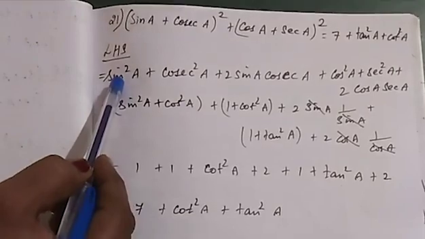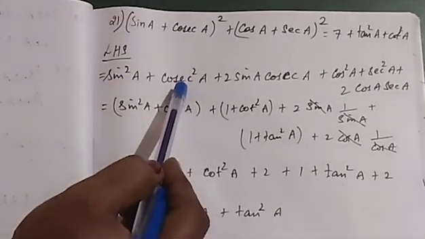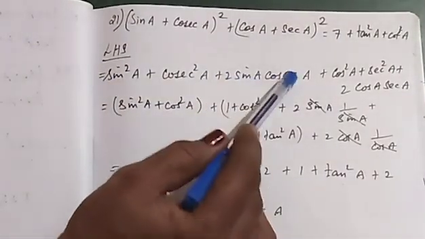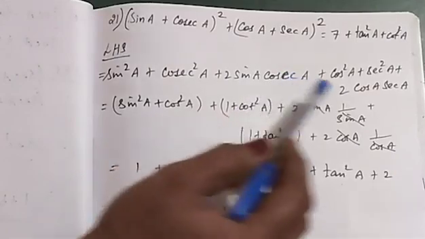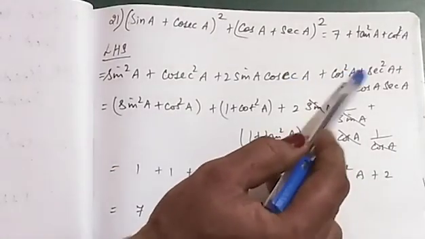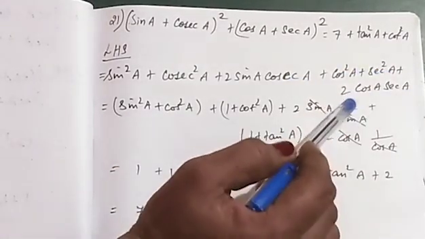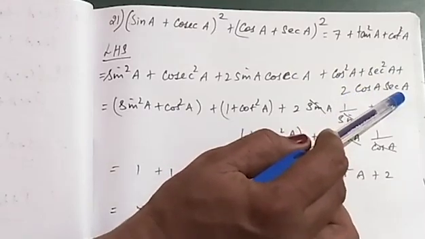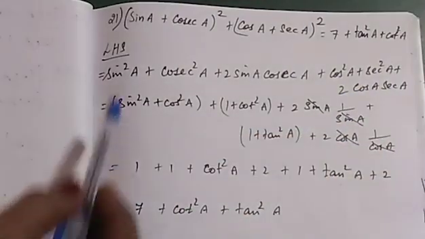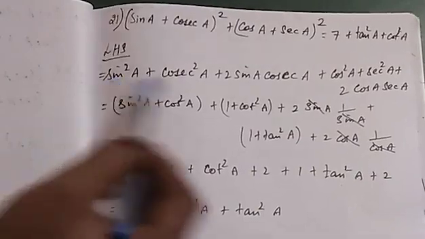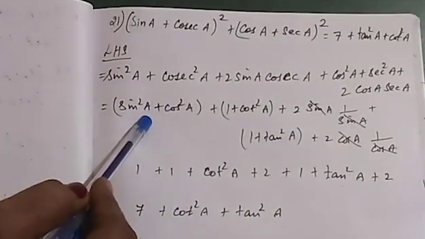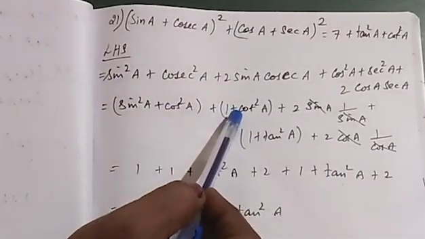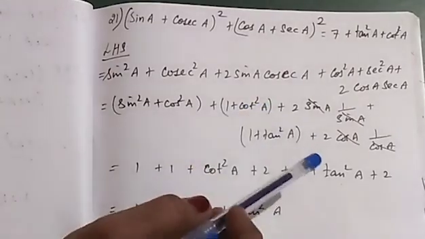So, you will write sin square A plus cosecant square A plus 2 sin A cosecant A. Next, plus cos square A plus secant square A plus 2 cos A secant A. Okay. Now, make a group. Sin square A plus cos square A, one group.